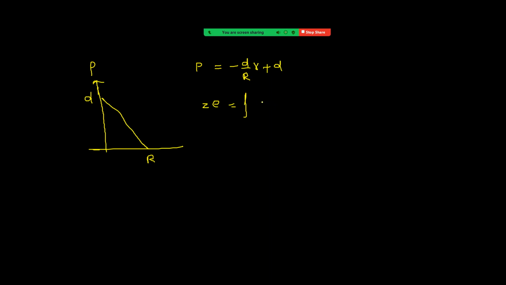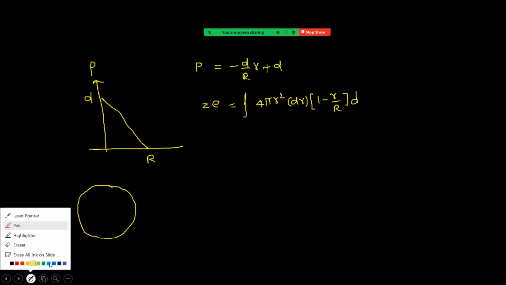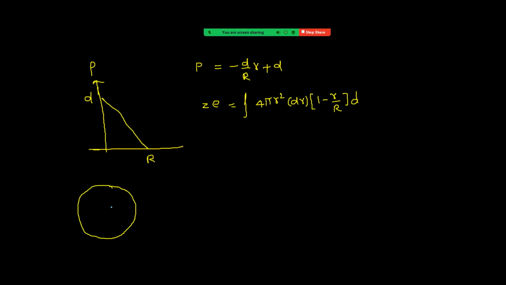That means charge is equal to 4 pi r square into dr into rho, and rho value is 1 minus r by R into D. Here you have to understand that we have taken, inside the nucleus, one spherical shell of radius r, its thickness equal to dr.